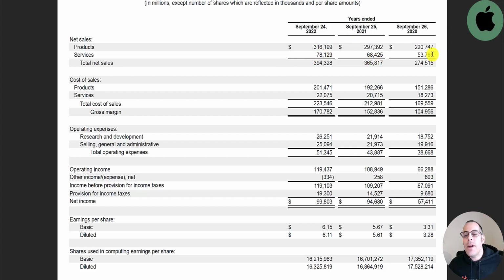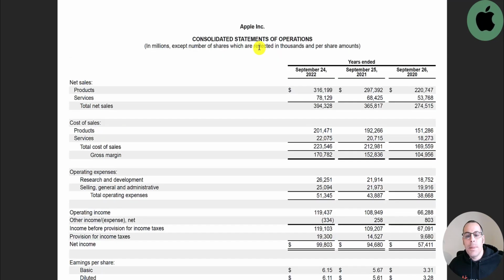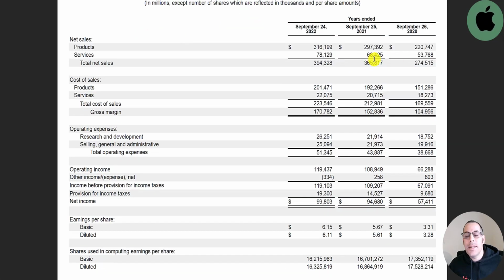And you can see their revenue increases each year from 275 billion, because all the numbers are in millions, to 366 billion, that's a big jump, to 394 billion. Obviously they did better from 2020 to 2021, but they did increase from 2021 to 2022. If you want to know their percentage increase, which gives you a little more information than the nominal increase, just bring this into Excel.